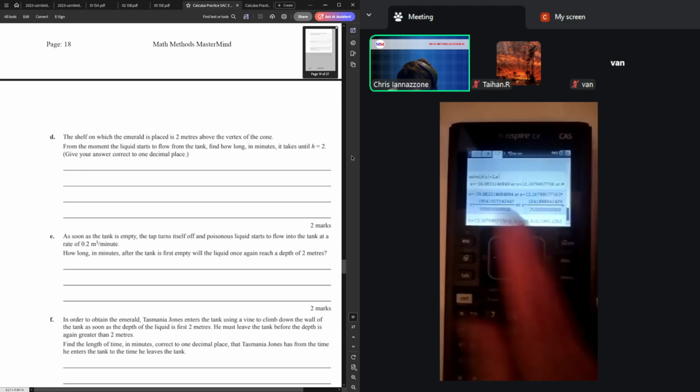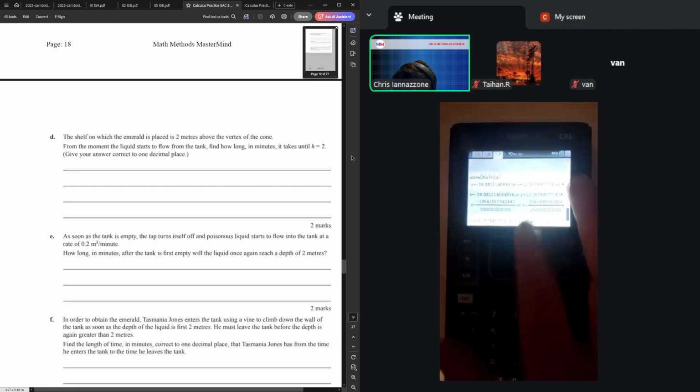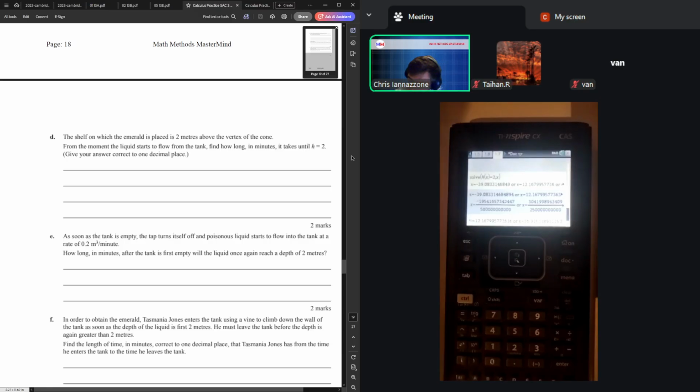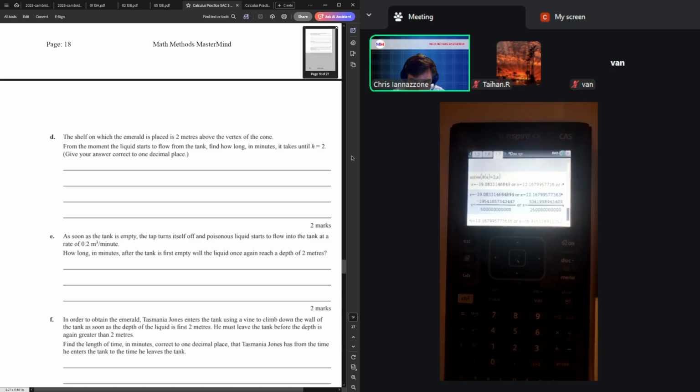Which of these, negative 39, positive 12, and positive 26, seem nonsensical for time? Remember, these are all time in terms of minutes. So negative 39 minutes, 12 minutes, or 26 minutes.